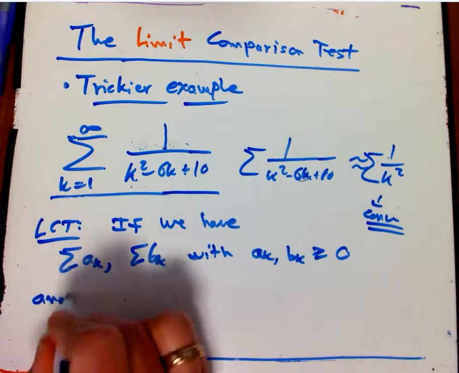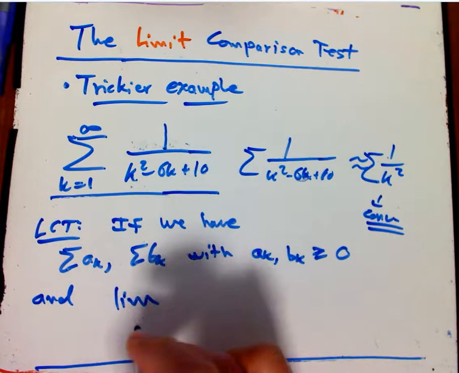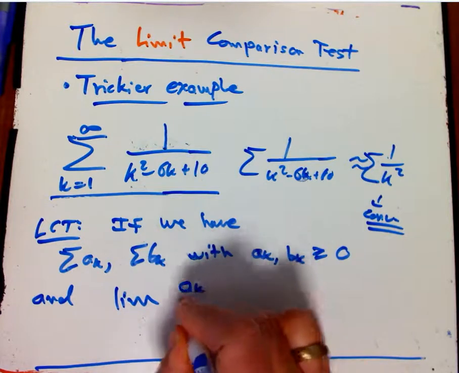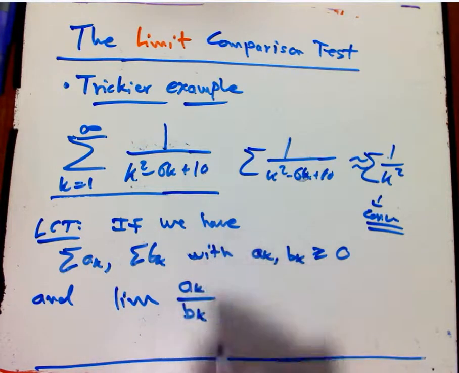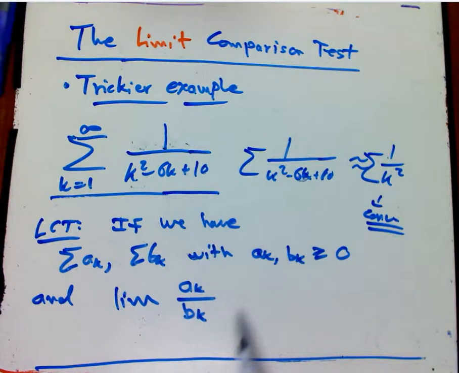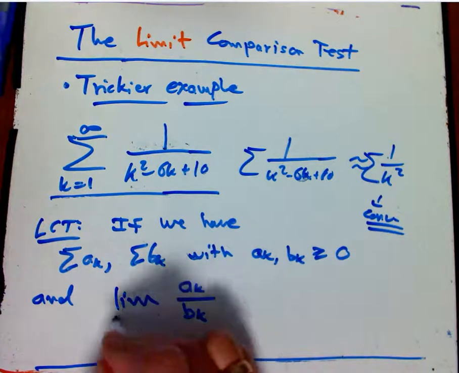And here's what we're going to assume is that in the limit, comparing them, a good way to compare these numbers in terms of sizes is look at the ratios.